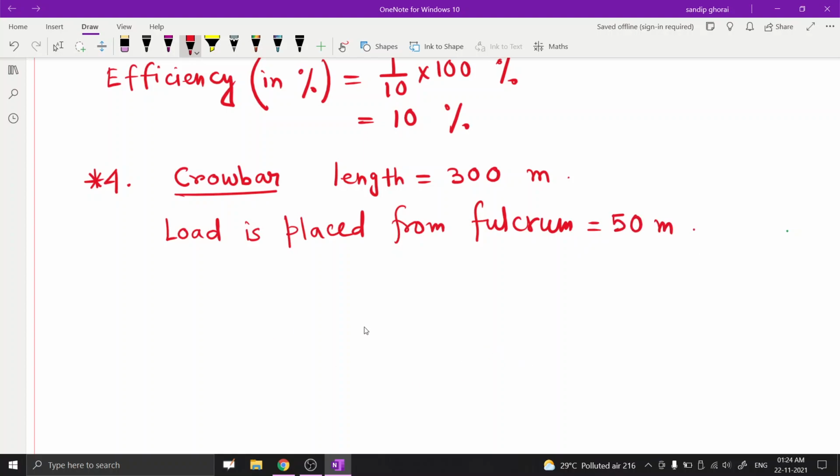Now what is its mechanical advantage? The question is, what is its mechanical advantage?